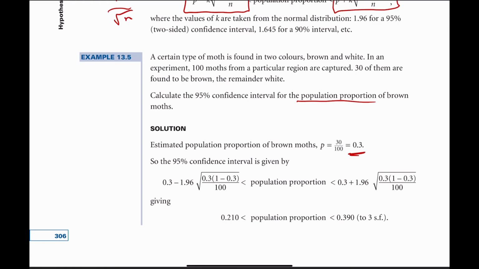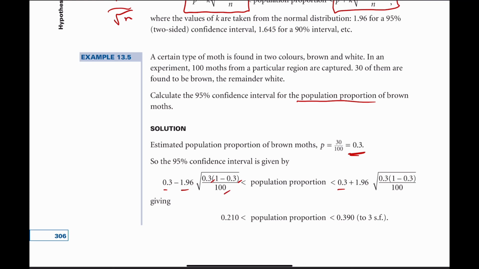Based upon this, 0.3 are expected to be brown. So you do your probability plus or minus the 95% confidence, which is the 97.5% because it's two-tailed. From your tables, use the 0.975, which is 1.96, times the standard deviation over root n, which is the square root of variance over n, being 0.3, your probability of success, times your probability of failure, over n.